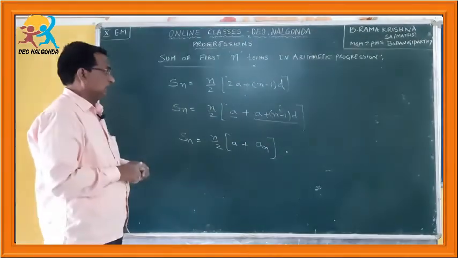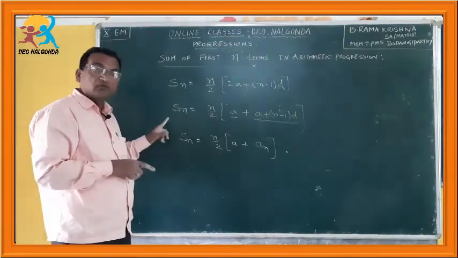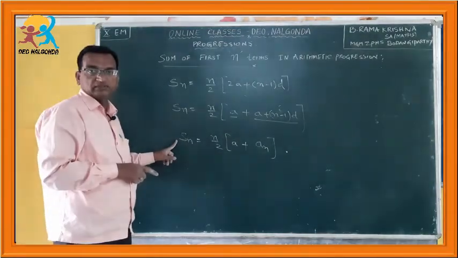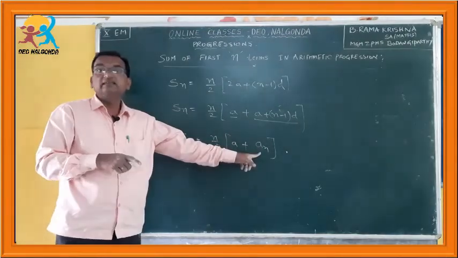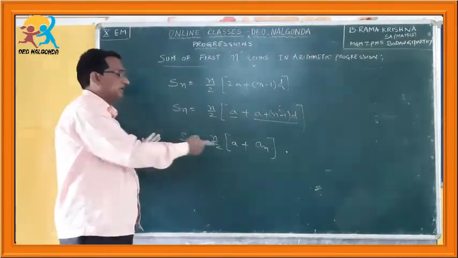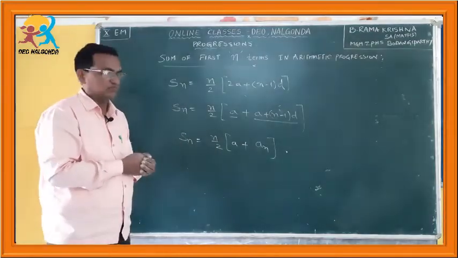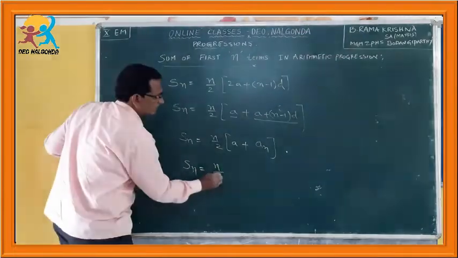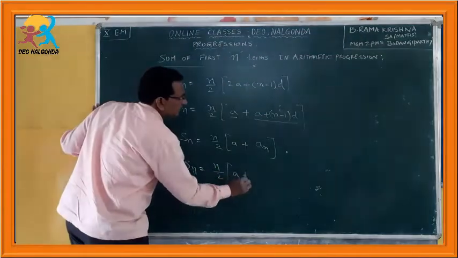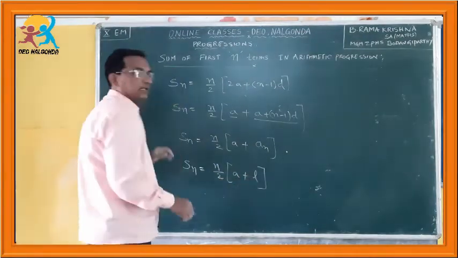So, if you want to find the sum to n terms, and you know the number of terms, the first term and the nth term, then you can calculate this sum to n terms. Sometimes this Sn is also written as n by 2 into a plus L. What is L? L is the last term.